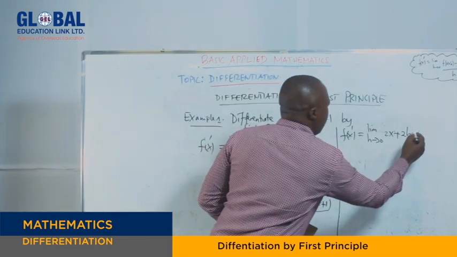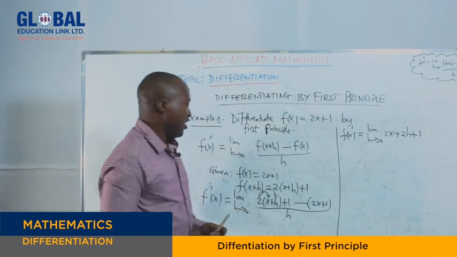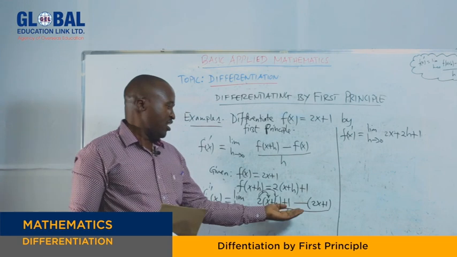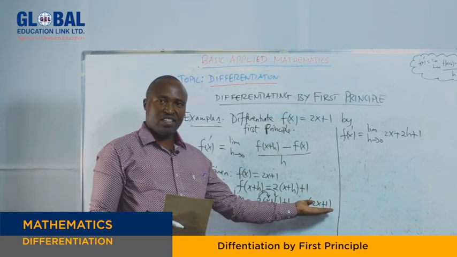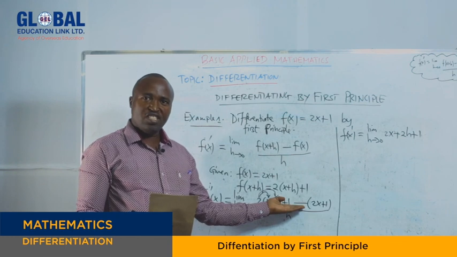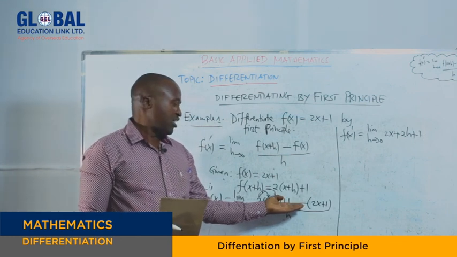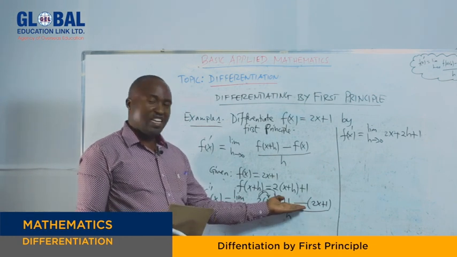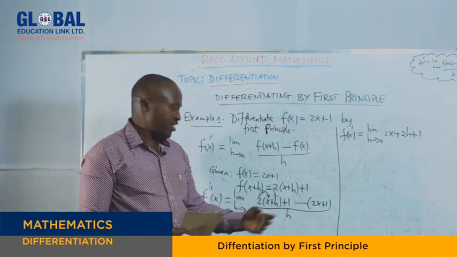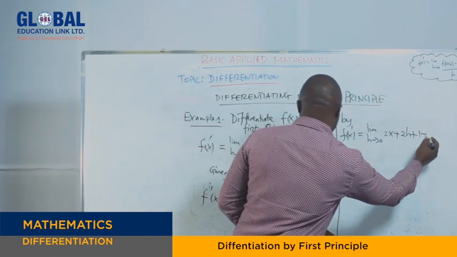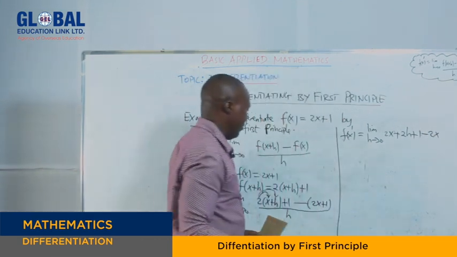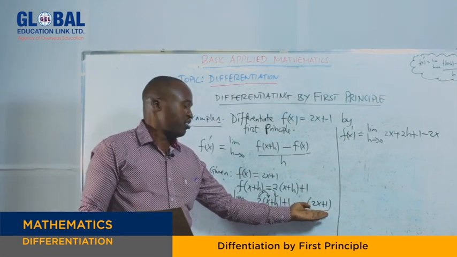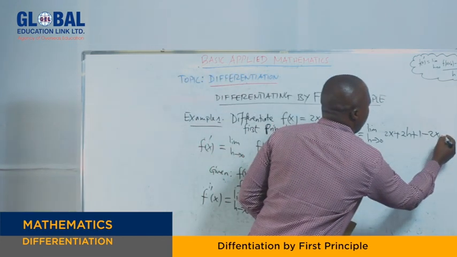Then we minus, in our bracket, f of x, which is 2x plus 1. Remember, if we have a negative outside the bracket, you can multiply this negative to the numbers in the bracket. So negative times 2x gives negative 2x. And again, my dear student, negative times positive 1 is equal to negative 1.